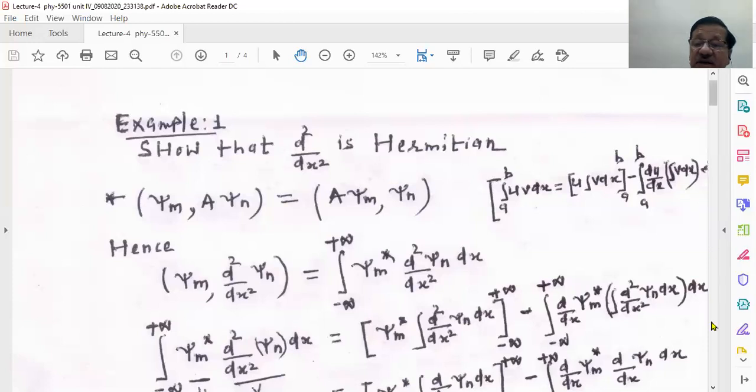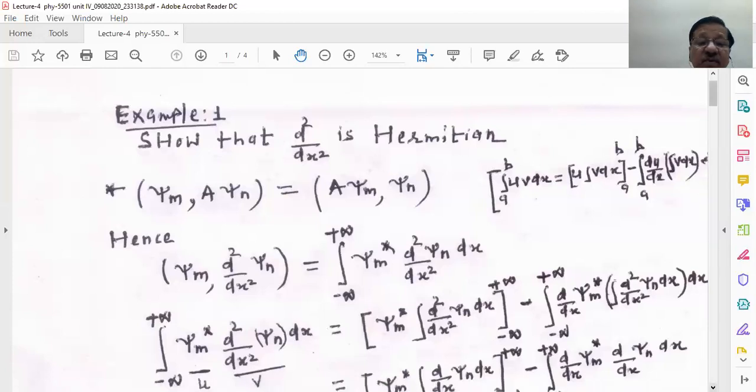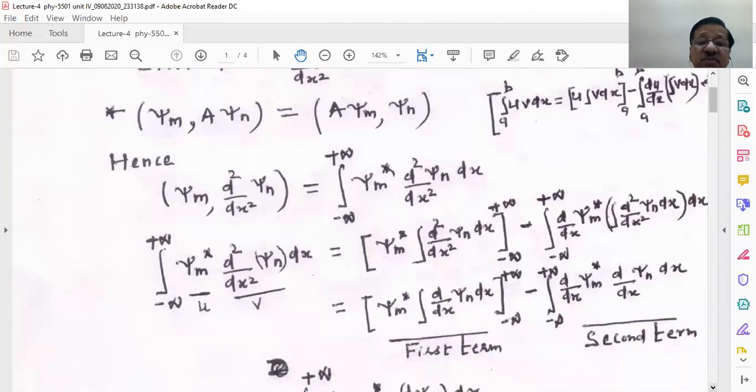So let us work this out. This is the integration I wrote here. My u is nothing but psi star, and v is d square by dx square operating on psi.